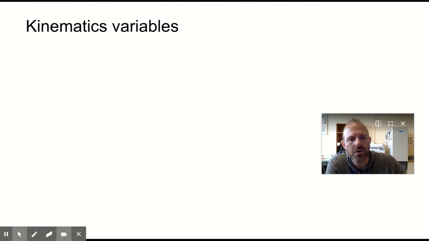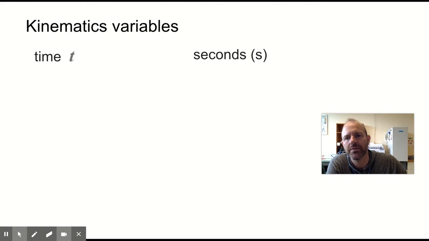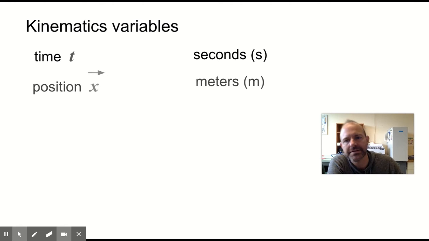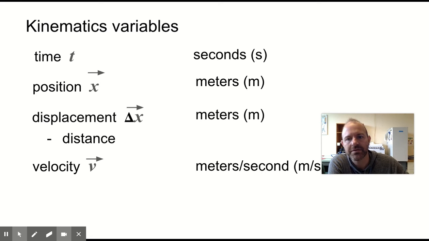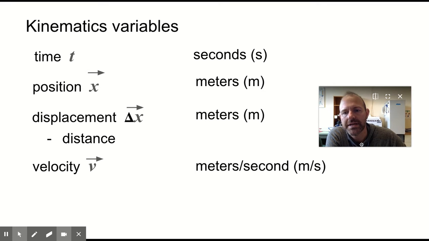So when it comes to kinematics variables, we have the following. We have time, which is measured in seconds; position, which is measured in meters, with a vector symbol above it; displacement, which is essentially a change in position, also a vector in meters; distance, which is sort of a subset of that. And then we have velocity, measured in meters per second, and that's a vector as well, it has direction.